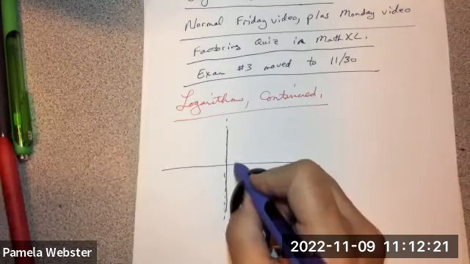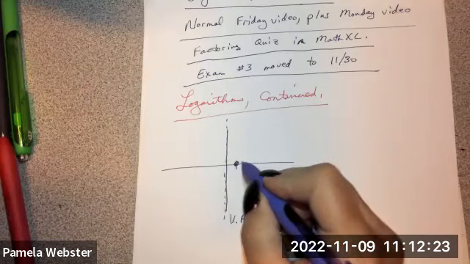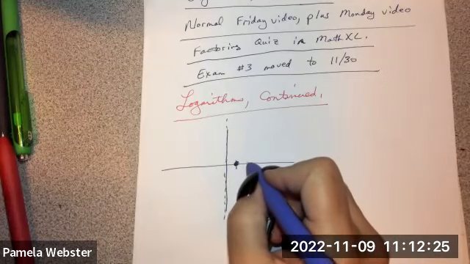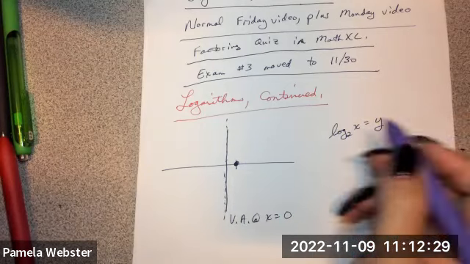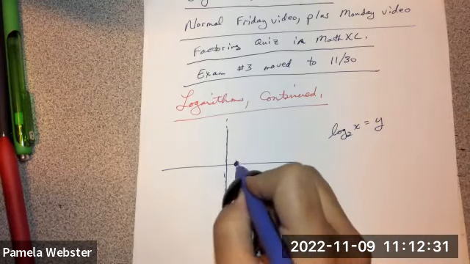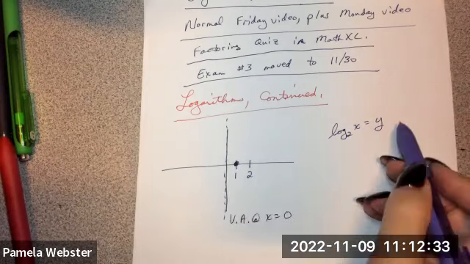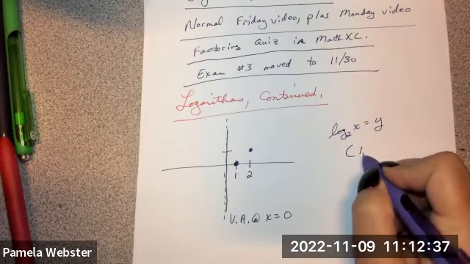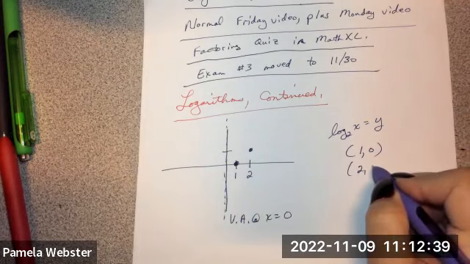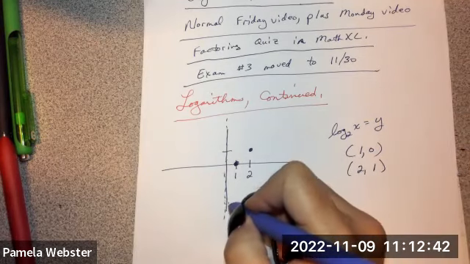So there's always that point (1, 0). And then I'm going to do log base 2. So there's the point (1, 0). And then because the base is 2, there's going to be that point (2, 1). Those points are always going to be on there.